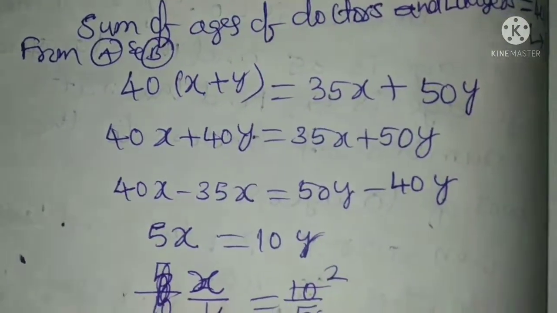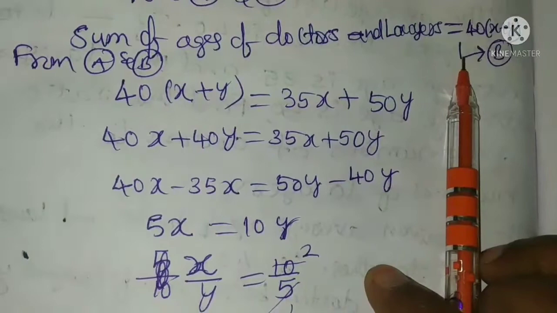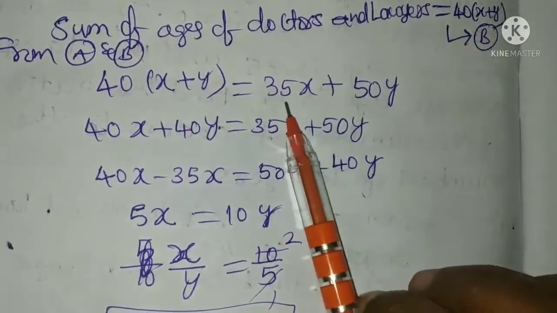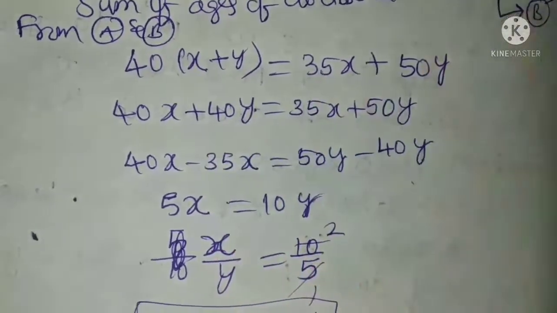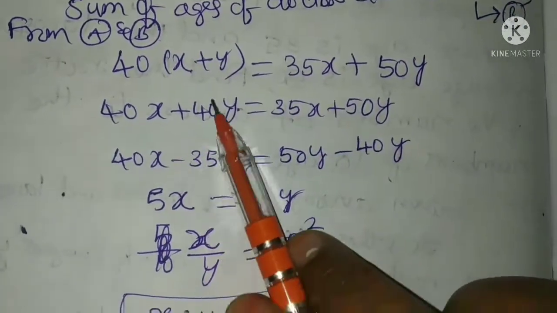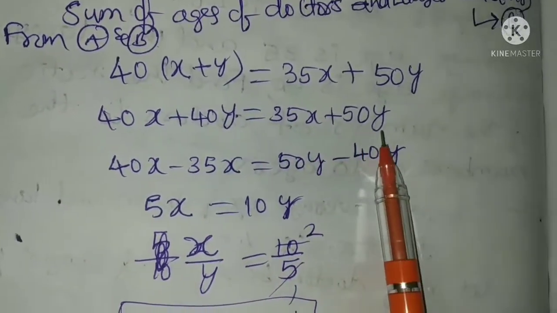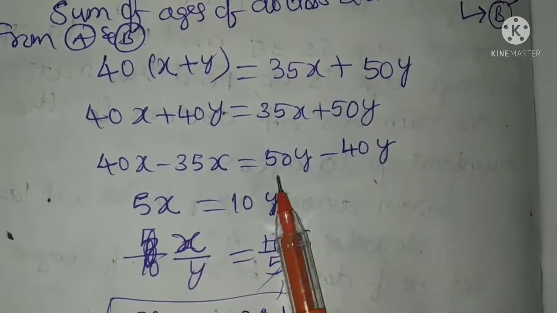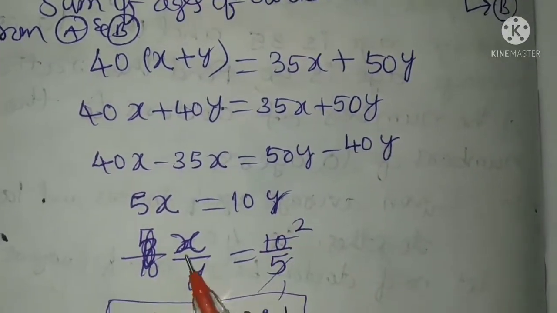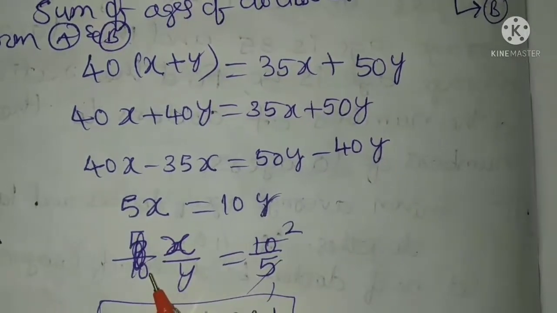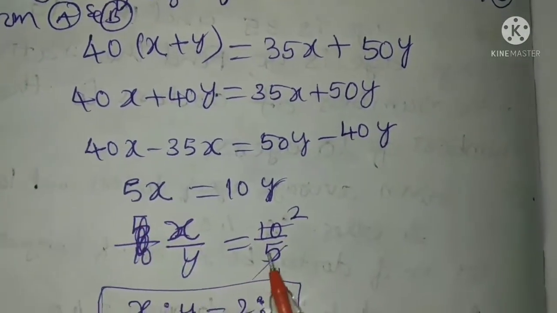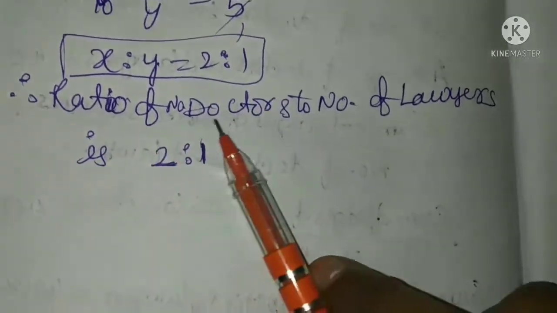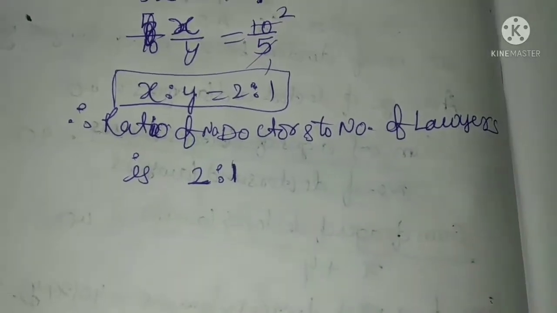We know the LHS are equal, so the RHS can be equated. 40 into (x plus y) is equal to 35x plus 50y. 40 into (x plus y) will become 40x plus 40y equals 35x plus 50y. 35x comes to this side: 40 minus 35 is 5x. 50y minus 40y becomes 10y. Now 5 goes that side, y comes this side. x/y is equal to 10/5. 5 ones are 5, 5 twos are 10. Therefore x is to y is equal to 2:1. And therefore the ratio of the number of doctors to the number of lawyers is 2:1.